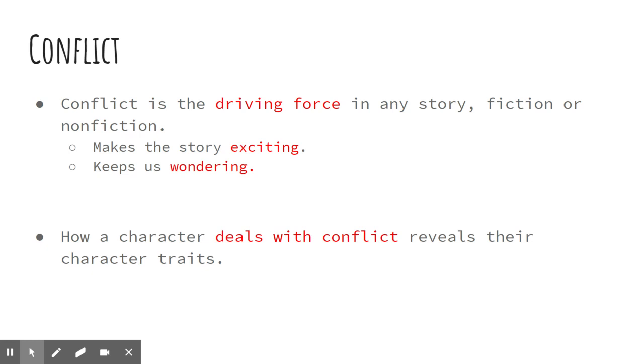So there were two characters, and one of the questions we asked on those comprehension questions was whose approach to life, Darzee's or Rikki Tikki's, was more effective. A lot of people said Rikki Tikki because he took care of business and took things head on. So this is an example of how a character deals with conflict and shows you their character traits. A lot of people said he was brave or courageous because he was willing to take on these cobras knowing that he would possibly die.